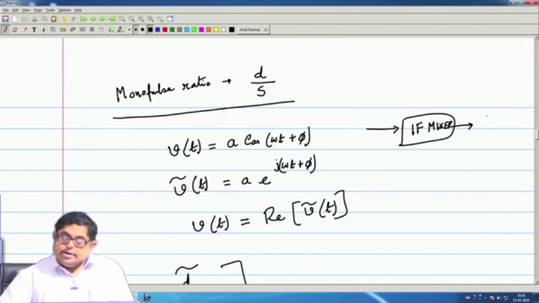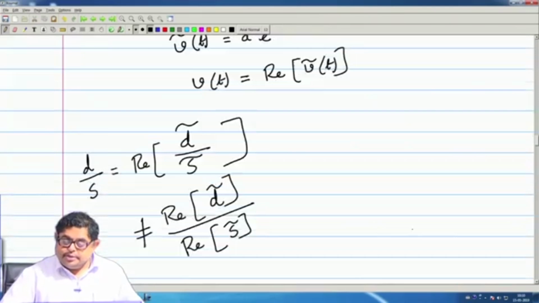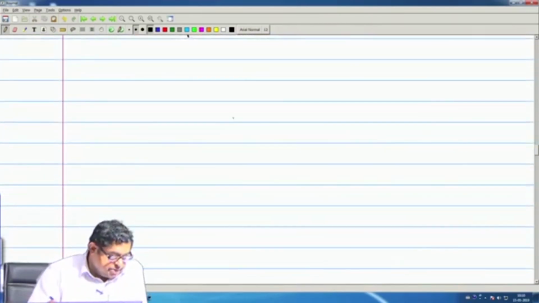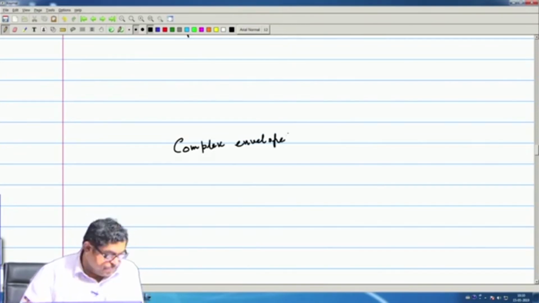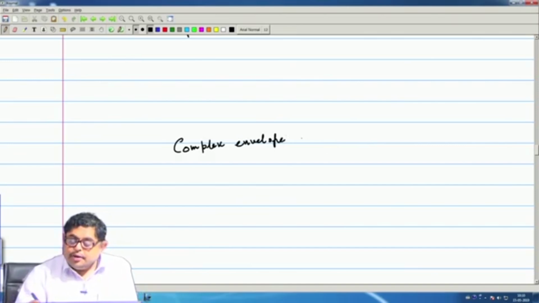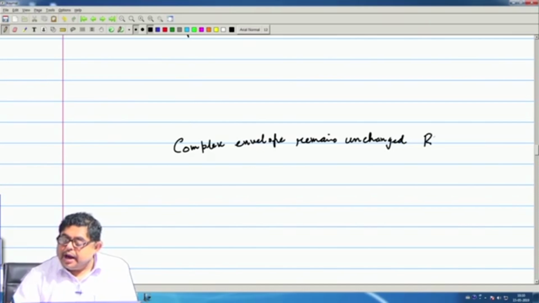Now, there is a concept that the complex envelope remains unchanged, and this can be proved, when we make RF to IF conversion.